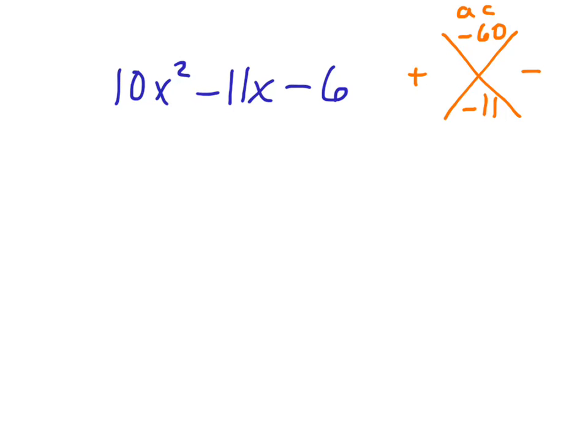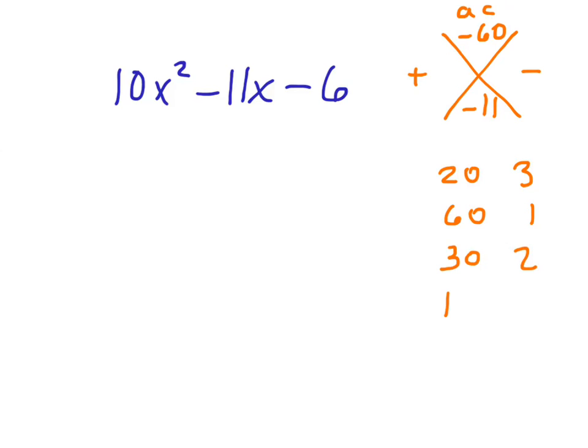So I'll start thinking of factors of 60, and I could think of 20 and 3, 60 and 1, 30 and 2. And if you start looking at these, none of these will subtract to give you 11 or negative 11, so you need to keep thinking.